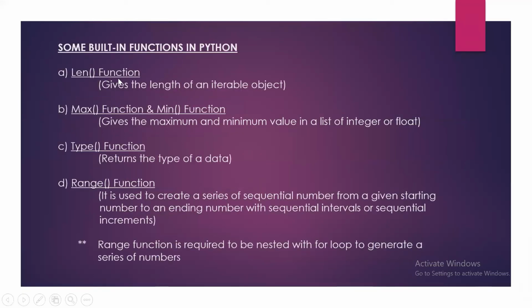There is a len function which is used to give the length of an iterable object, which can be a list or a dictionary, and the len function will give the number of elements or items in the list or dictionary. So let's see.